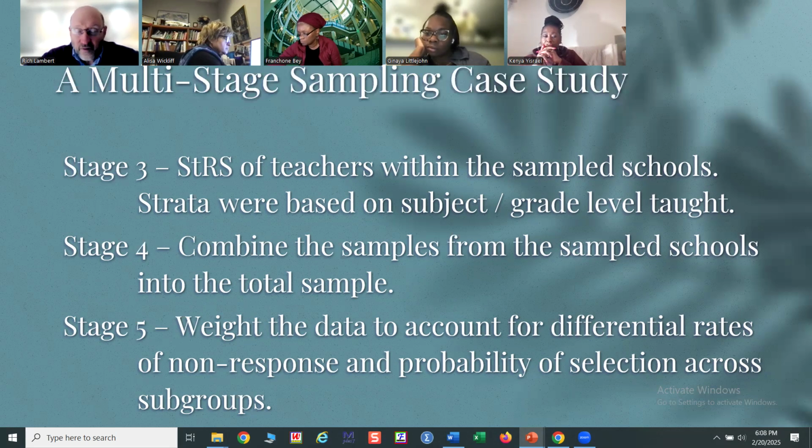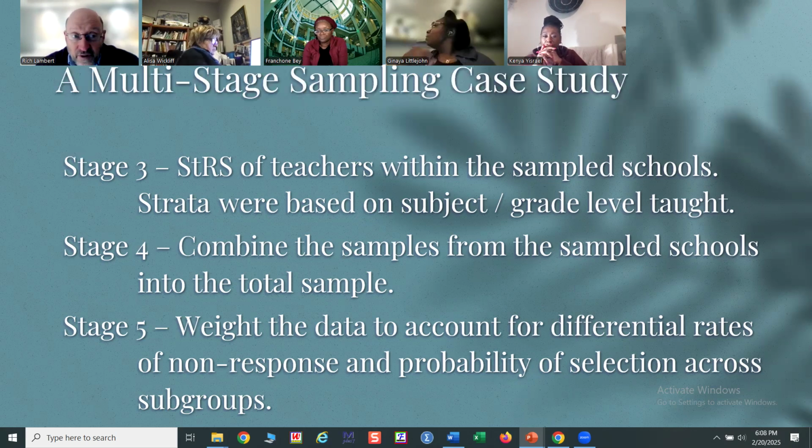So the answer to that question is complicated because, let's say they want to have enough teachers from Department of Defense schools to make estimates just about teachers in Department of Defense schools. And they want that with a plus or minus 5% error, or a certain margin of error. Then they would do the calculation to say, how many do I need based on what I know about teachers in Department of Defense schools in order to get the margin of error that I want. So there isn't a simple answer. It's not like you double it or something like that. But that was a good question.